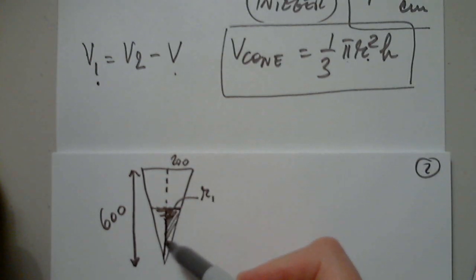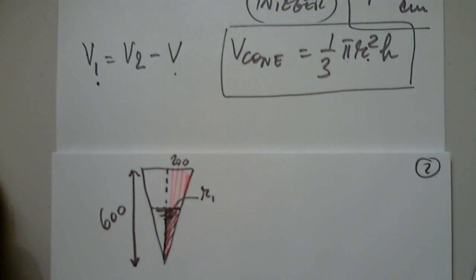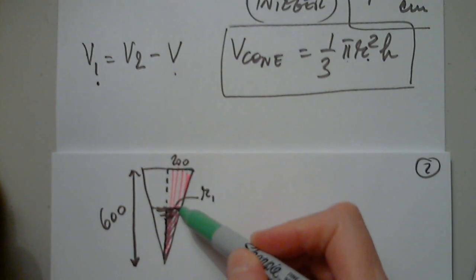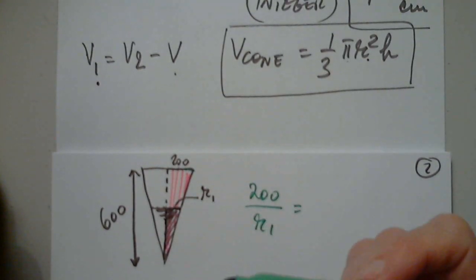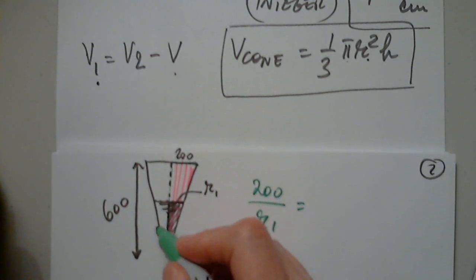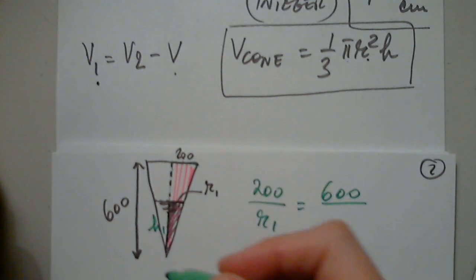So similar triangles, this triangle is similar to this triangle. Big base over small base, 200 over R1 equals big length over the small length, which I'm going to call H1, so 600 over H1.